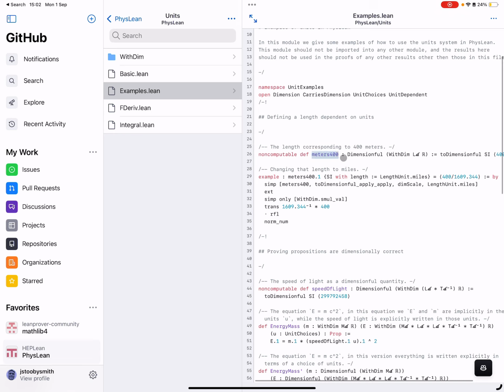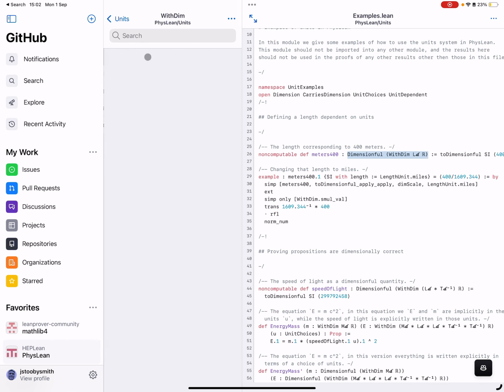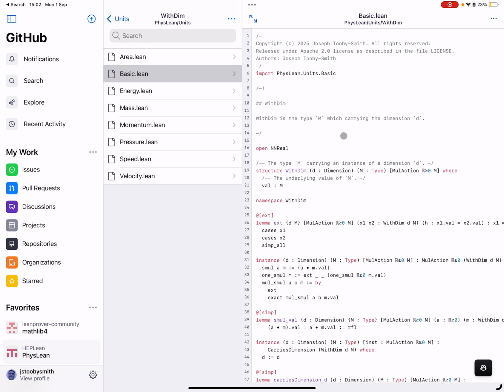So you can, for example, define 400 meters as a dimension for quantity. Oh, actually, sorry, let me go over to this WithDim file before that. So WithDim is basically a type M which carries an instance of dimension D. So it's basically saying we want the type M, which currently doesn't carry any instances. We want to give it a dimension D, and we want to create a new type where the values are in M, but the terms of that are expected to carry a dimension D. And this is basically what this structure here is.